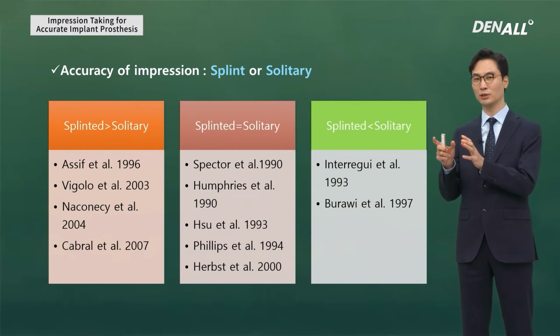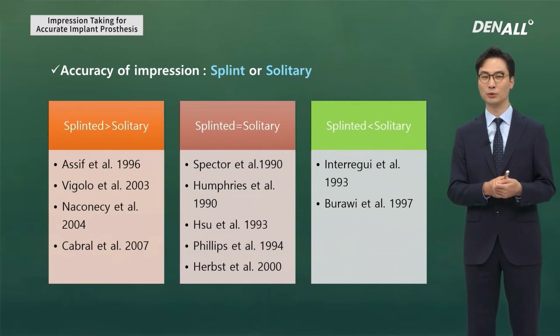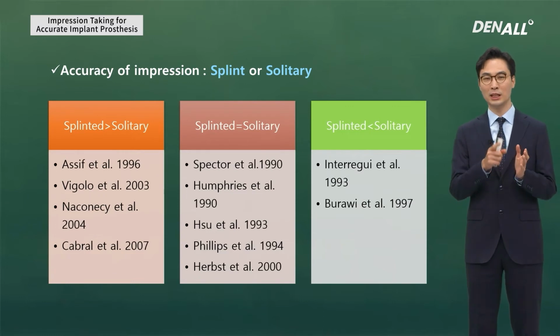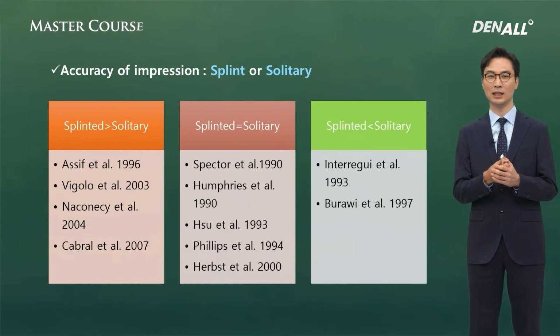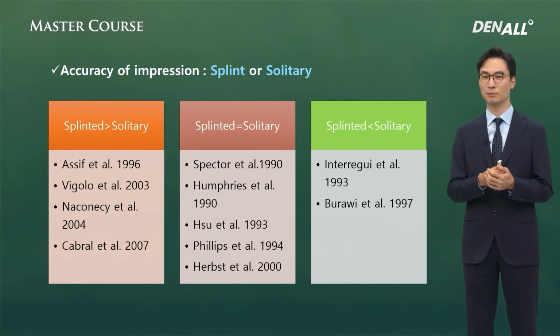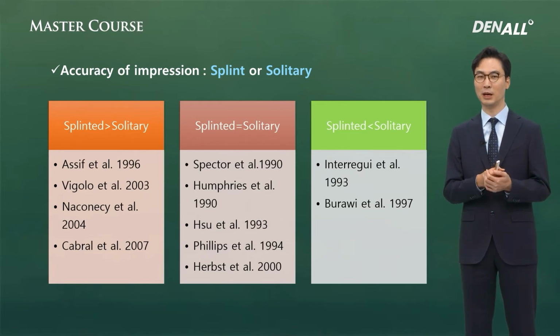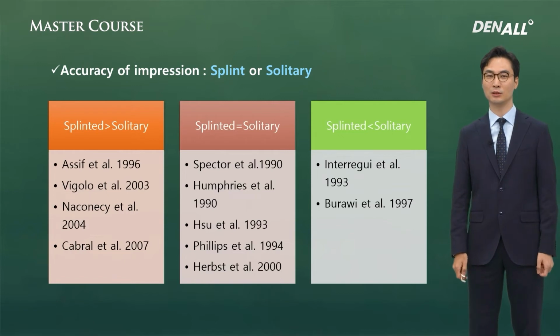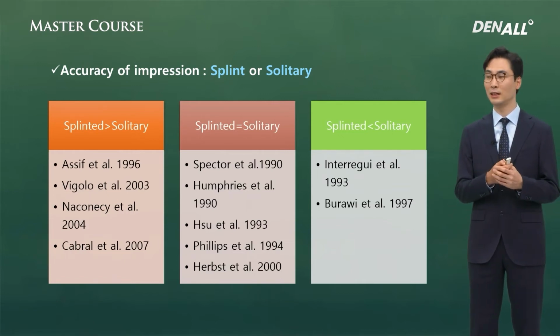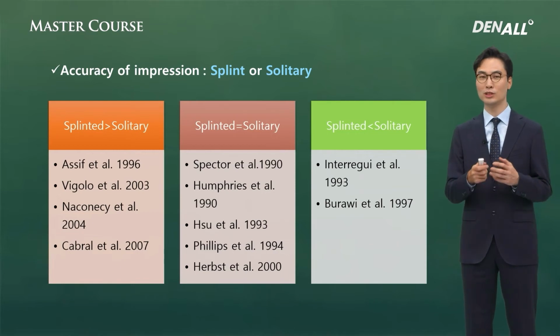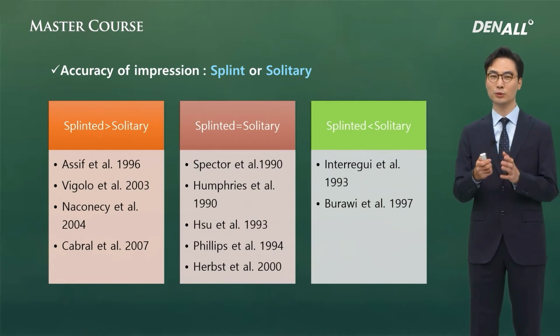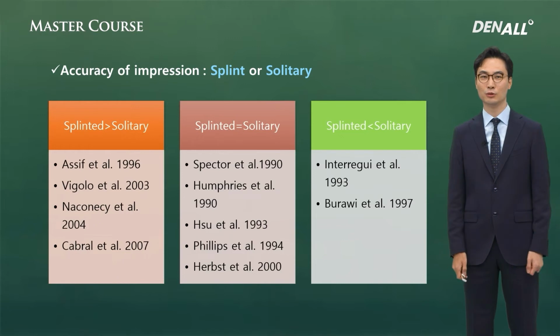Others say that it is better to use the solitary type. Depending on how parallel the implants are, the amount of impression material used, and the way to form the resin block, I think there can be differences. With the development of material, it is difficult to say which is better. It just depends on what you prefer.